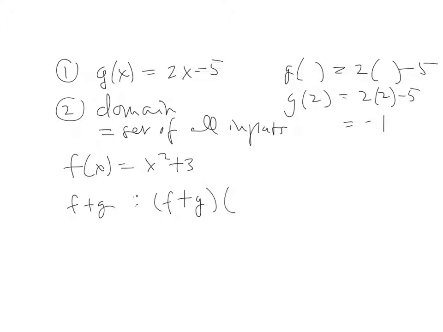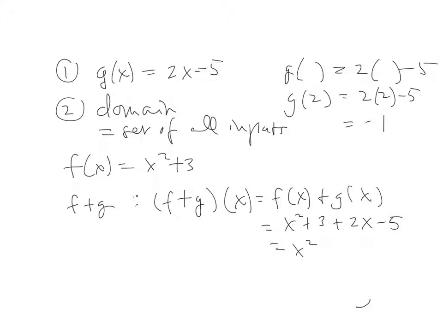You just add the rules of assignments. You get an input, and you see what f does to the input and g does to the input, and you add the results up. So here you'd have x squared plus 3 and 2x minus 5, and you can simplify that to x squared plus 2x minus 2. So there's a new function, the f plus g function, gotten from f and g.